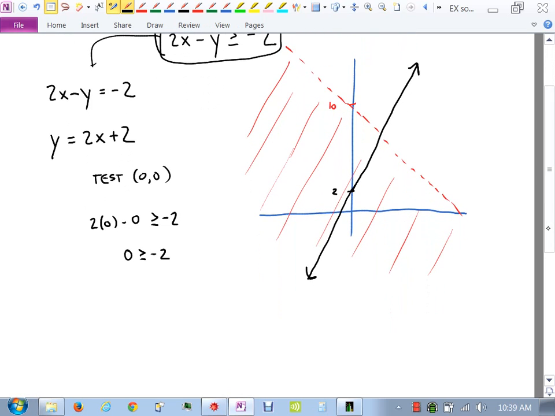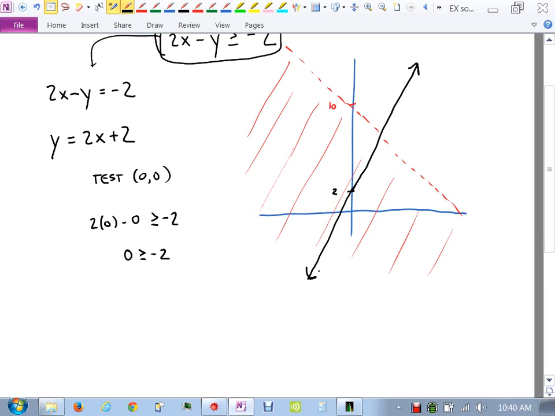So that means I'm going to shade which side of the line? Above or below that black line? This point right here, 0, 0, worked. It is below that black line. So everything below. Well, no, just right now I'm looking at the black line separately.